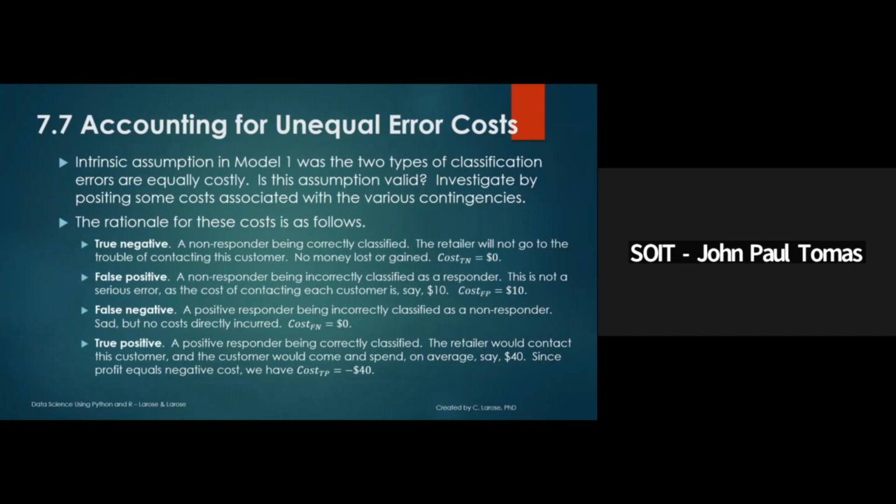Now, of course, when we build a model, we need to account for unequal error costs. Okay. Now, the intrinsic assumption of model 1 was that the two types of classification errors, false positives and false negatives, are equally costly.